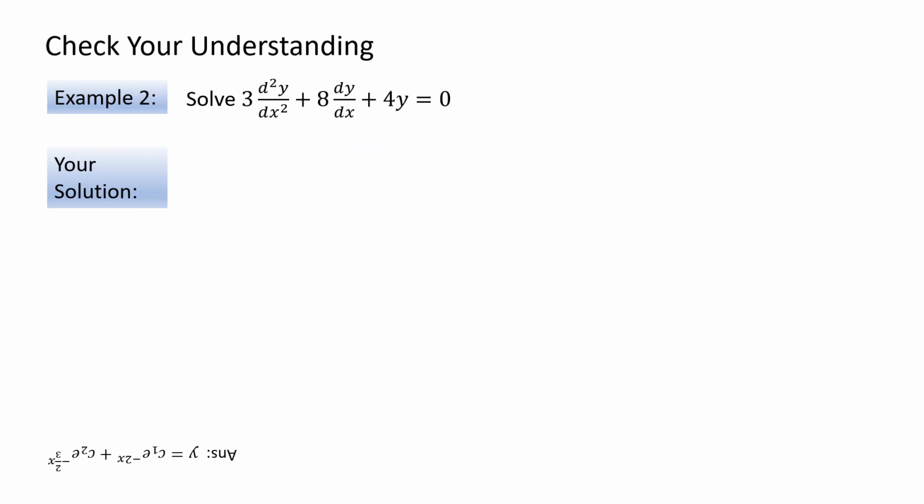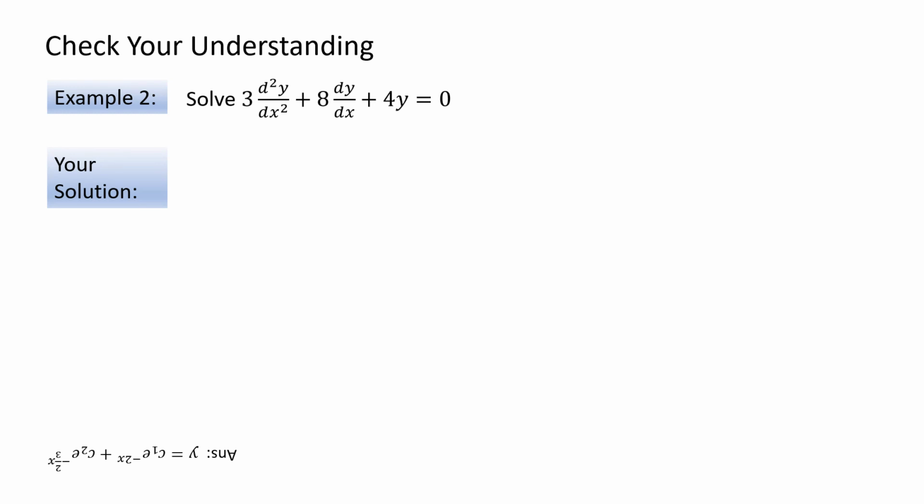So our second example, in this case, we have a constant behind the second derivative term. So our factoring becomes just a little bit different here. We have to solve 3 d squared y by dx squared plus 8 dy by dx plus 4y is equal to 0.